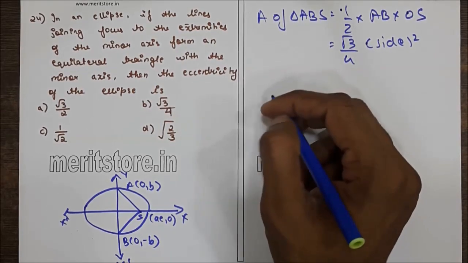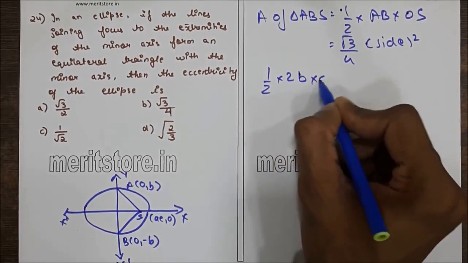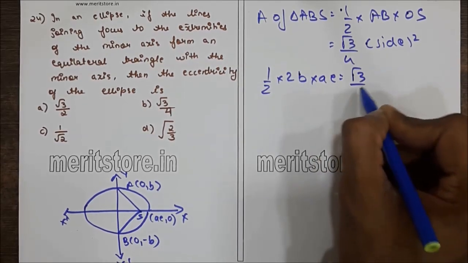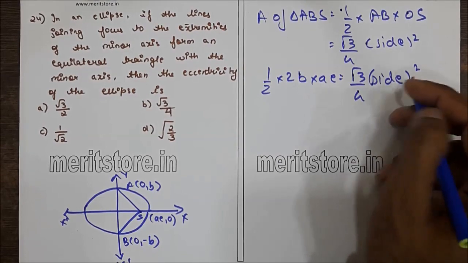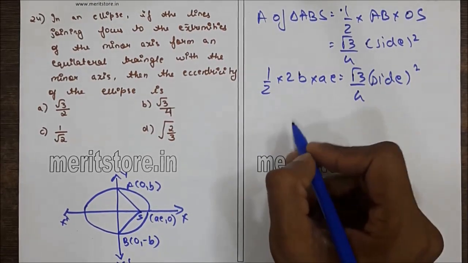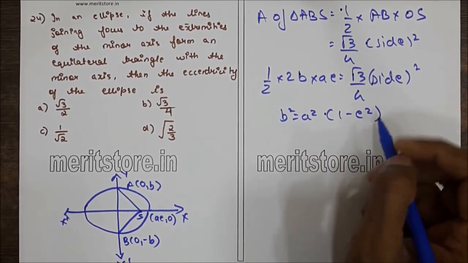We solve this, we get half into 2b into ae is equal to root 3 by 4 times the whole square. Solving this further, we also have b square is equal to a square into 1 minus e square.